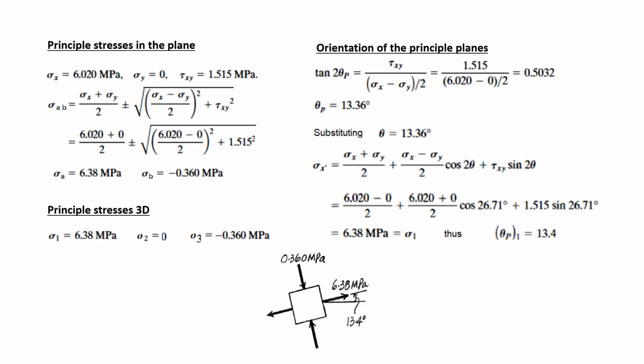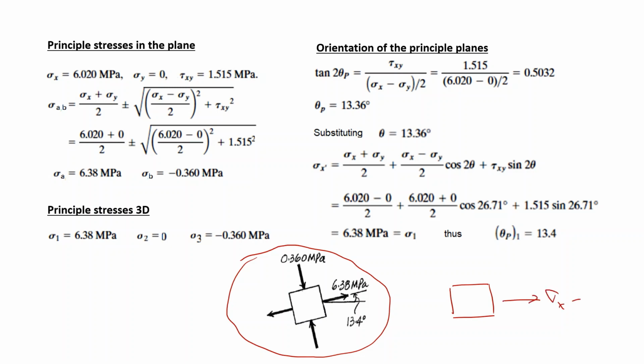Next, we can draw the principal planes and stresses. At the beginning, we had a stress state like this: sigma x equal to 6.02, sigma y equal to 0, and a tau xy value of 1.515.